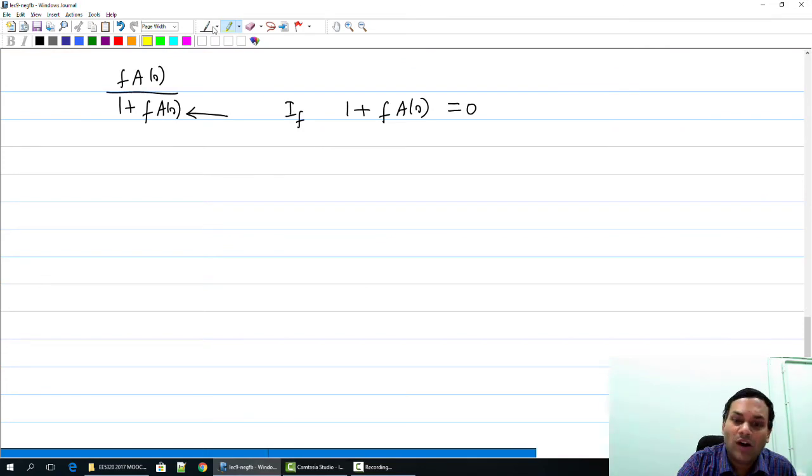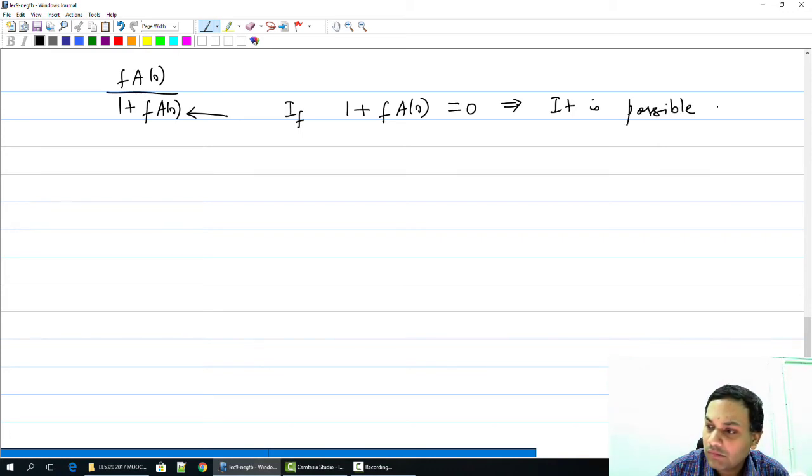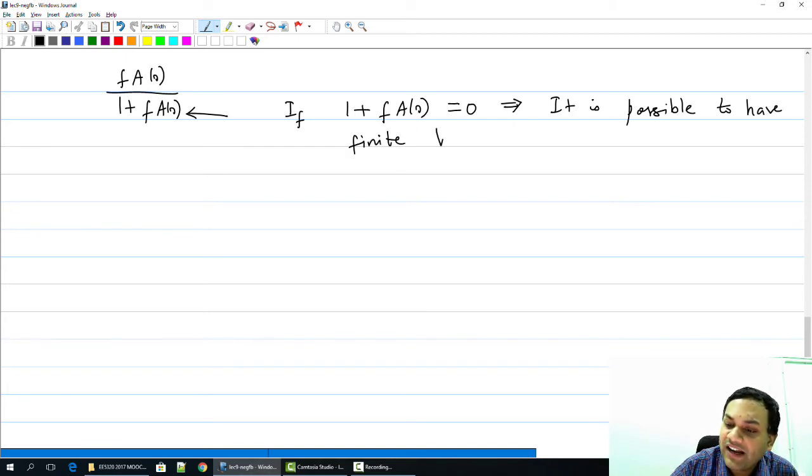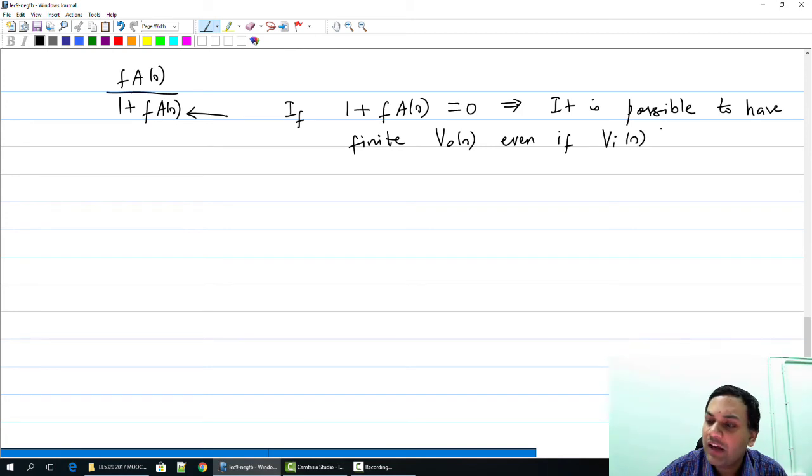So it is possible to have finite VO of S even if VI of S were equal to 0. In other words, your system is unstable.